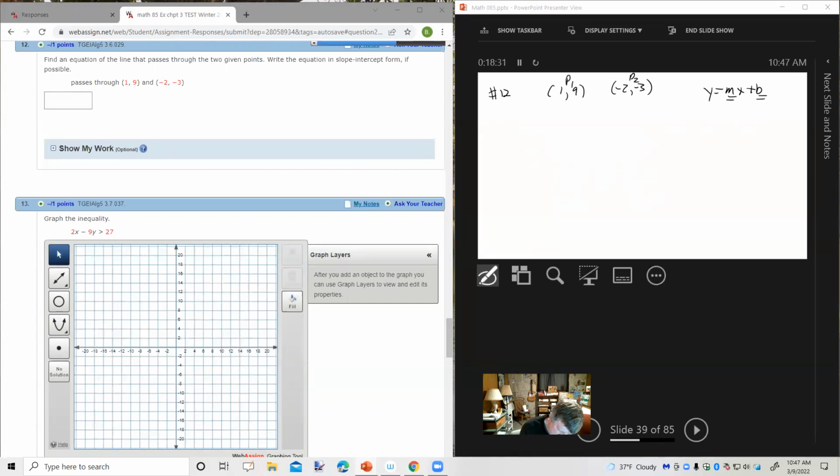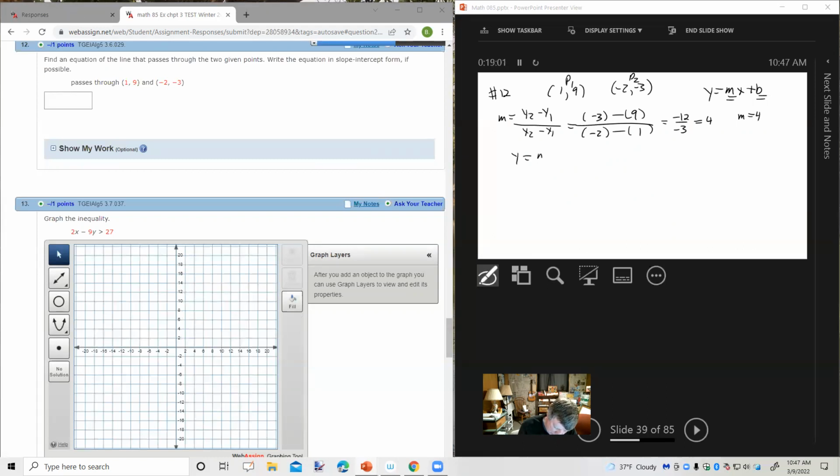Point 1 and point 2, y sub 2 minus y sub 1 over x sub 2 minus x sub 1. Y sub 2 is -3, y sub 1 is 9, x sub 2 is -2, x sub 1 is 1. -3 minus 9 is -12. -2 minus 1 is -3. -12 divided by -3 is 4. So the slope is 4.